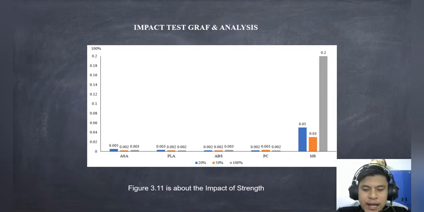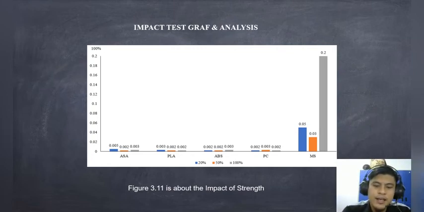And the polycarbonate, the highest is the 50%, which is the orange, 0.003, and the 20% and 100% share the same place, which is 0.002. And the mild steel scores 0.2, which is highest, and the lowest from this is 0.002.